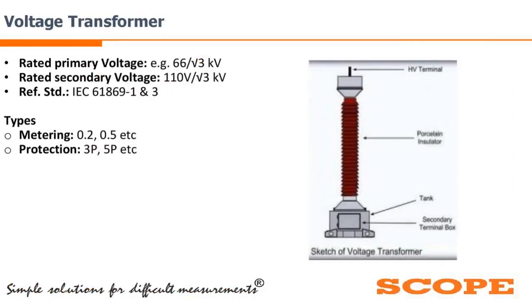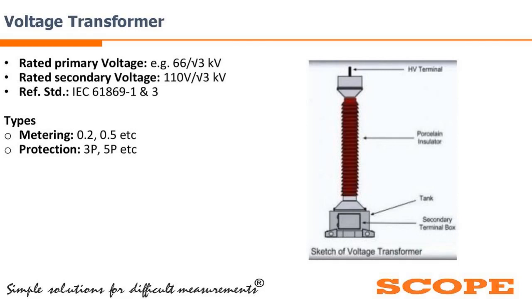After that, the voltage transformer. Similar to the current transformer, the purpose of the voltage transformer is metering and protection of the voltage, that is, if voltage goes beyond the limit during any transient, short circuit, or impulse voltage, the voltage transformers are used.